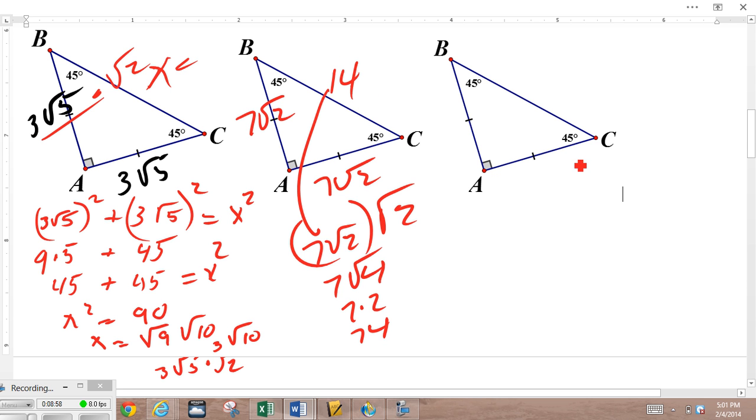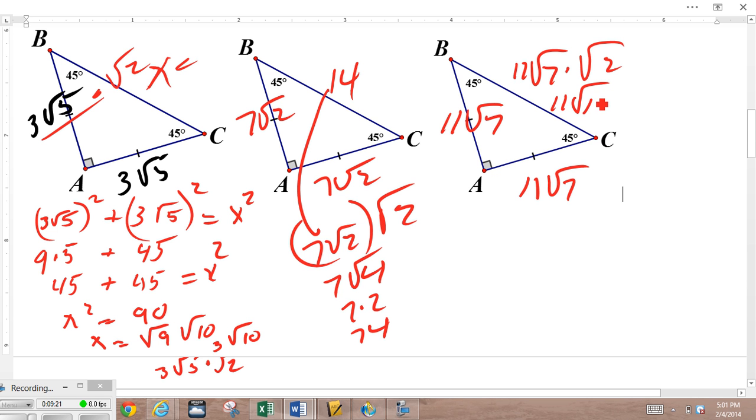What if this is 11 the square root of 7? Then this side is also 11 the square root of 7, and the hypotenuse is 11 the square root of 7 times the square root of 2, which is 11 the square root of 14.